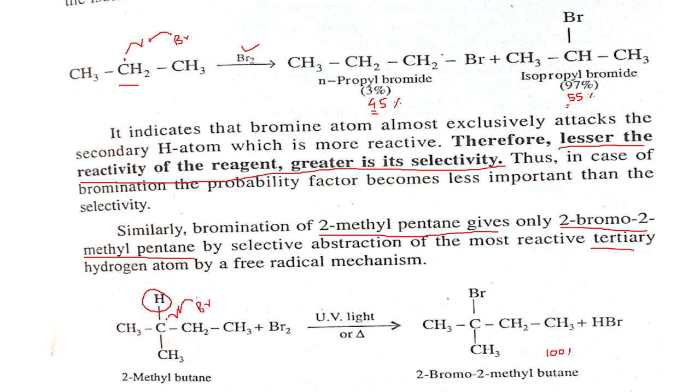Here primary and secondary free radicals are not formed, and if they form, as they are less stable, and the bromine radical is more stable and less reactive, it selectively reacts with only the tertiary radical, and the product associated with the tertiary radical we get as the major product.